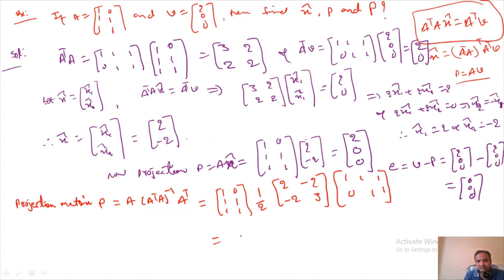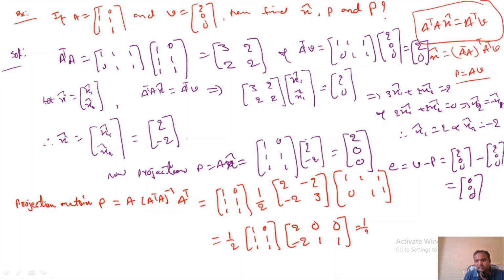So now multiply this one, you can write 1 by 2 outside. You can do the multiplication left to right, or right to left, whatever. 2 0 2, 2 minus 2 0, 2 minus 2 0 minus 2, 0 minus 2 plus 3, 1 minus 2 plus 3 is 1.